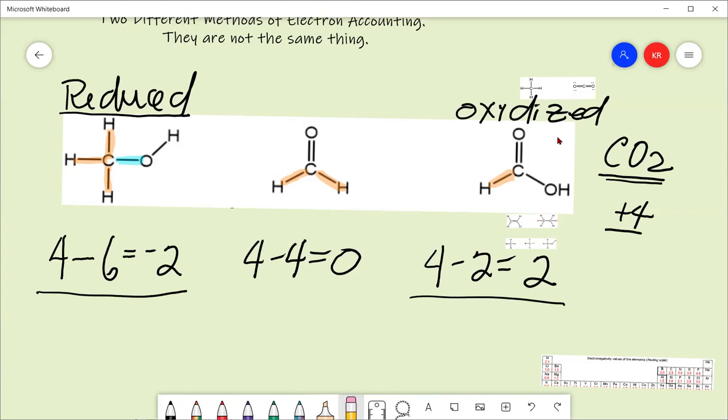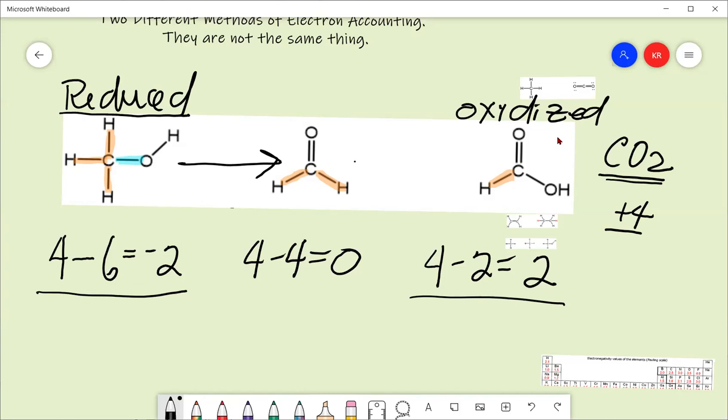So that's just a few more examples, but I think you can see, and we'll show a few more, that when we go from a carbon-oxygen single bond to a carbon-oxygen double bond, this is an oxidation. So generally going from an alcohol to a carbonyl compound is going to be an oxidation.